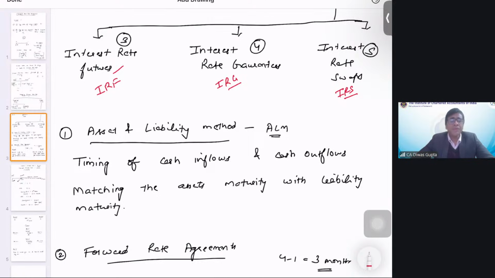So this is something in which you are trying to match the timing of your cash inflow and outflow. You're trying to match your assets maturity with the liabilities maturity, and that is why this is called the asset and liability method. Yes, it's a kind of netting technique.